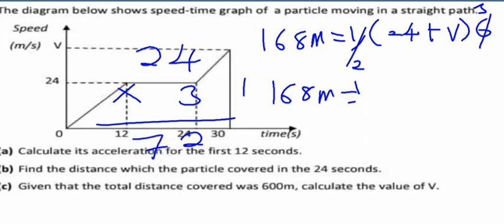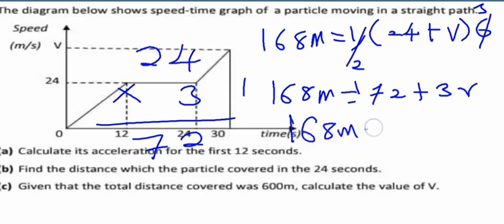So here we are going to get 72 plus 3 multiplied by v, we are going to get 3v. Then from there now we need to collect the like terms. So this 72 is going to cross an equal sign, then it is going to change to a negative number. So we have 168 meters minus 72 is equal to 3v.